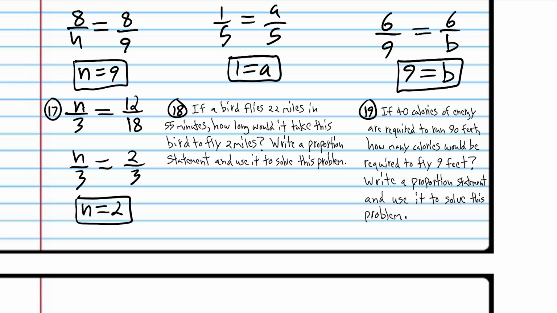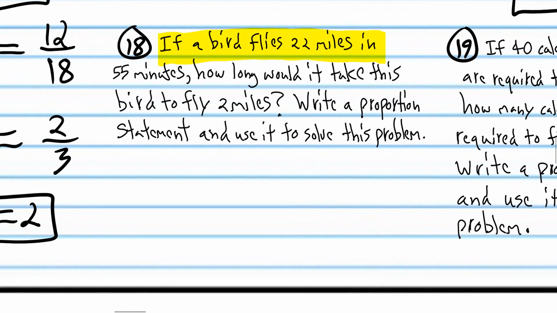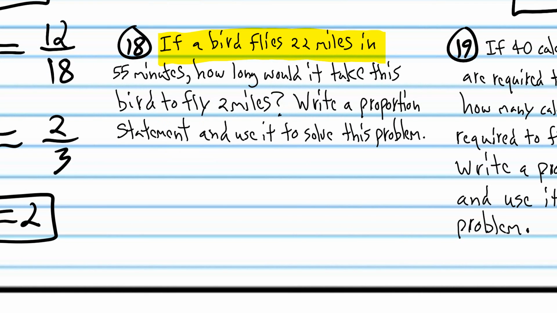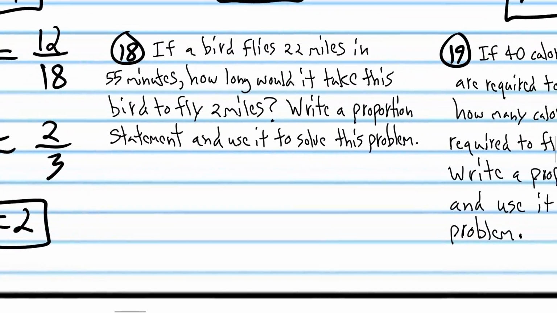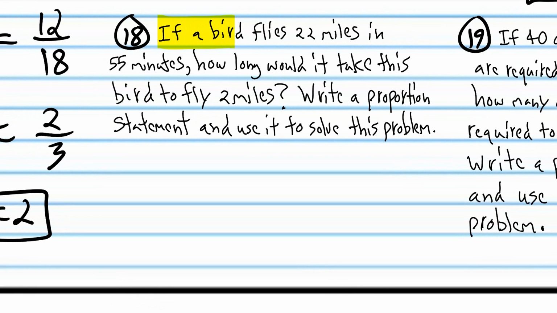So this is like the biscuit problem that we did. If a bird flies 22 miles in 55 minutes, how long would it take this bird to fly 2 miles?